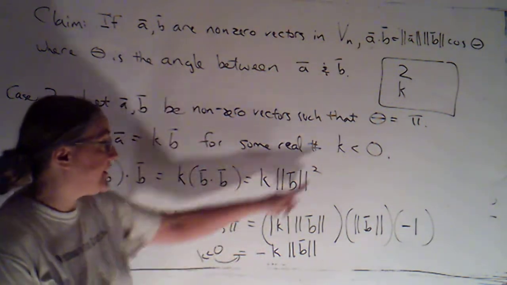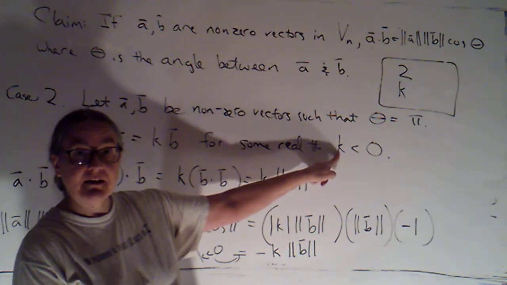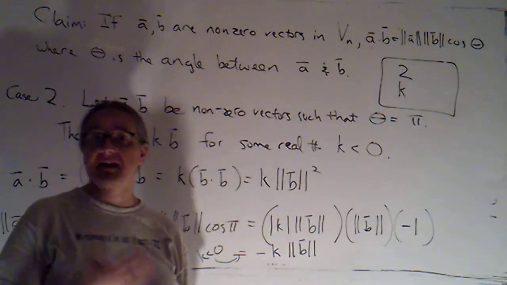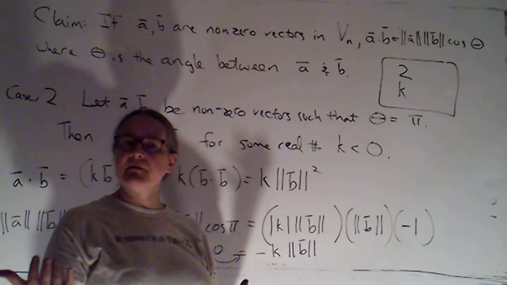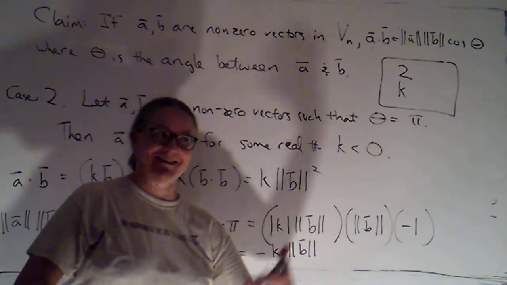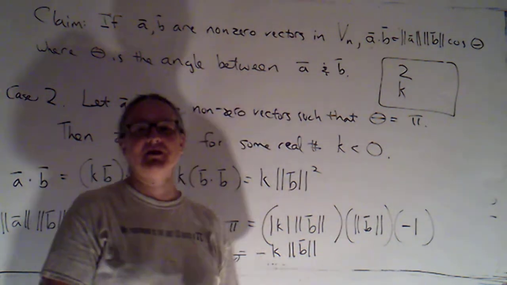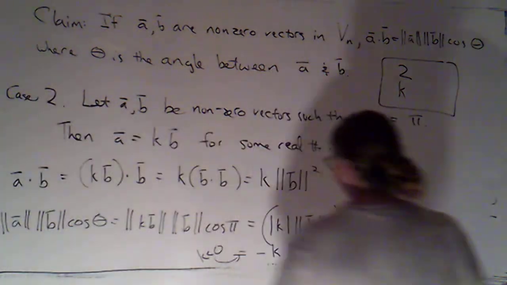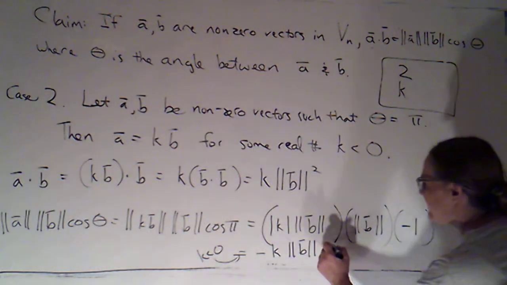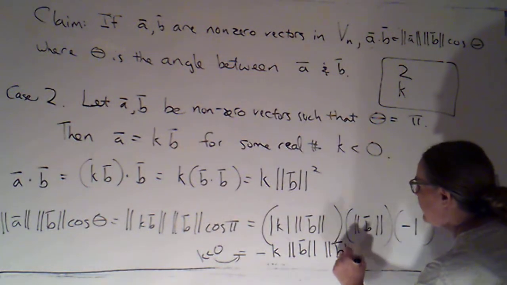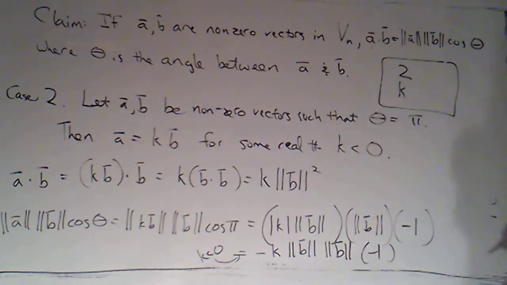I was told that in this case K was negative. And if I have a negative number, like if I have -5, absolute value of -5 is the opposite of -5, which is +5. Okay, so we get that, and then we've got the magnitude of B, and then we've got this factor of -1.